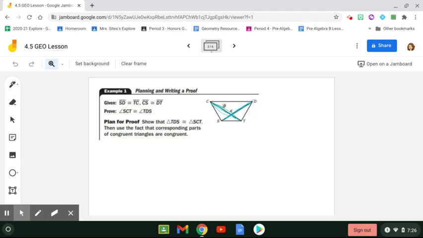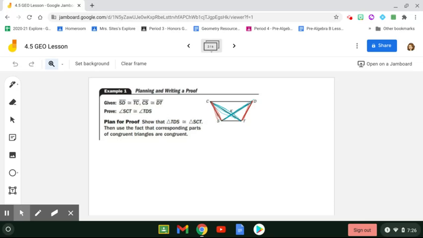We're also given that segment CS is congruent to segment DT, so I'm going to highlight those in red. We're going to prove that angle SCT, at the top, and angle TDS are congruent.